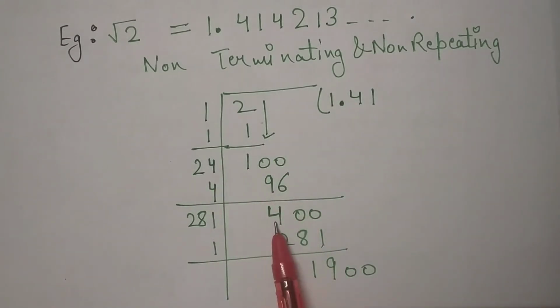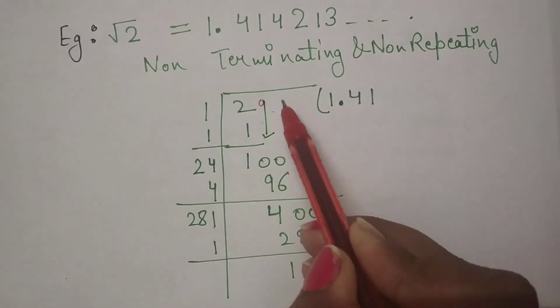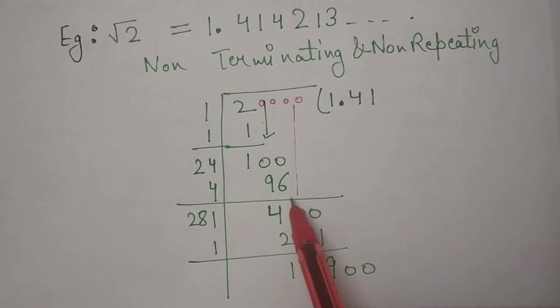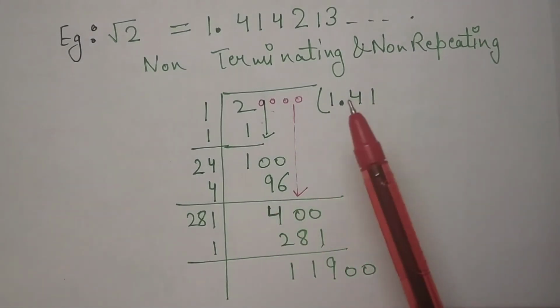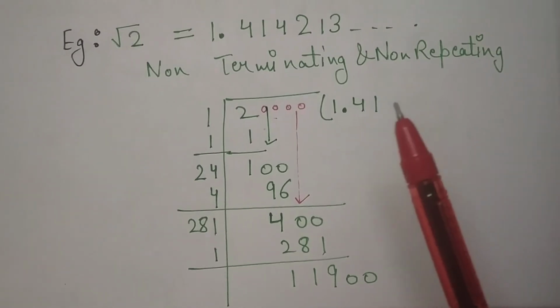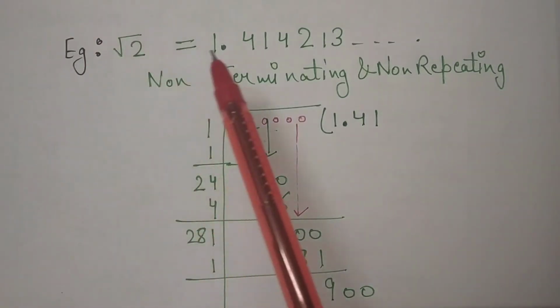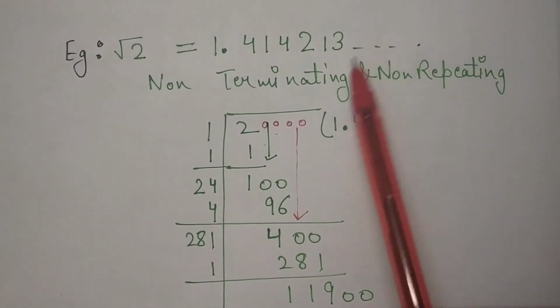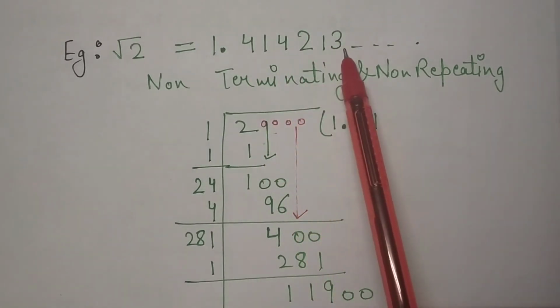So after subtracting I got 4, then again double zeros here. Then it will go on, it will not end at all. I have put the answer here already for some steps. This comes under non-terminating non-repeating because it is not ending and neither is it repeating after the decimal point.